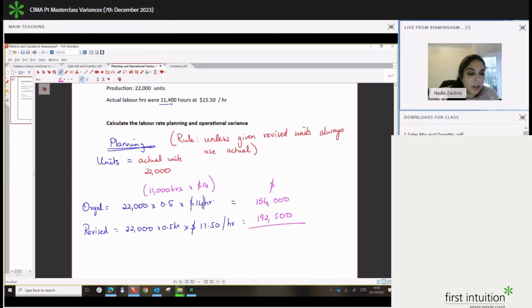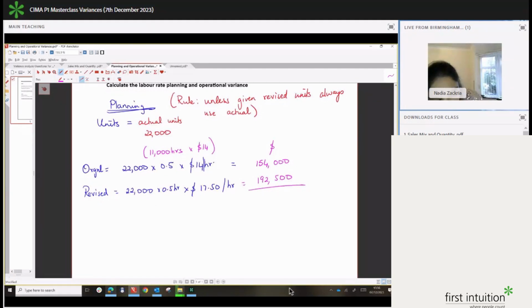Is this a good thing or is it a bad thing? Our budget spending has increased from 154,000 to 192,500. Absolutely, our spending has increased, and therefore it's bad. It's an adverse variance of 38,500.